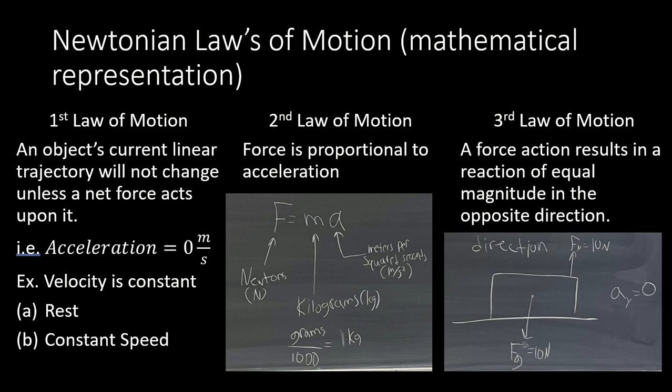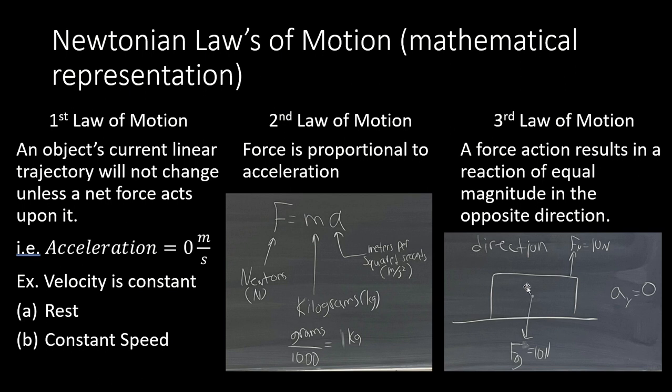The third law of motion is just that for a force, an action results in a reaction of equal magnitude in the opposite direction. For example, if we have some block that is on a flat surface, the reason why that block is staying still is because while there's a force of gravity pulling down on the block, which if we say has a magnitude of 10 newtons, the surface is also pushing back on the block with a normal force of 10 newtons, but in the opposite direction.